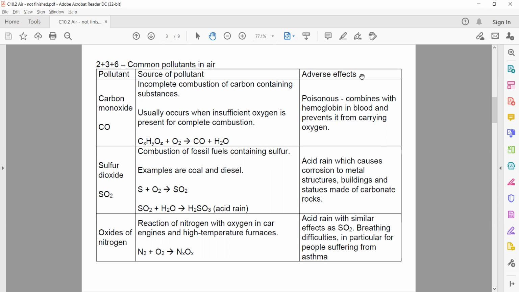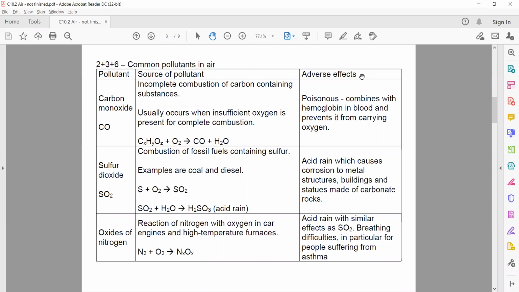Once it's on the hemoglobin, it's stuck, and now your blood doesn't have the capacity to carry oxygen anymore. So carbon monoxide poisoning is extremely dangerous. Whereas we can breathe in carbon dioxide. In fact, we do breathe in carbon dioxide because we sometimes inhale the air that we breathe out.